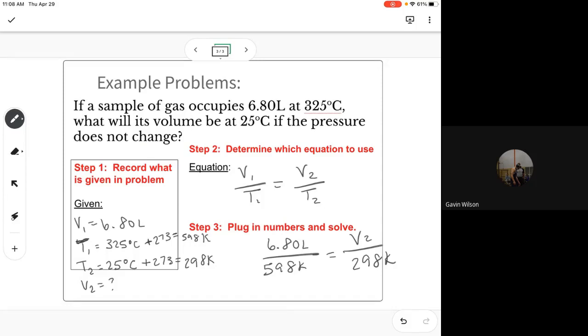Okay, answer should be 3.39. So we would use the temperature numbers for sig figs. Since it's a volume, what will the unit be? Liters.